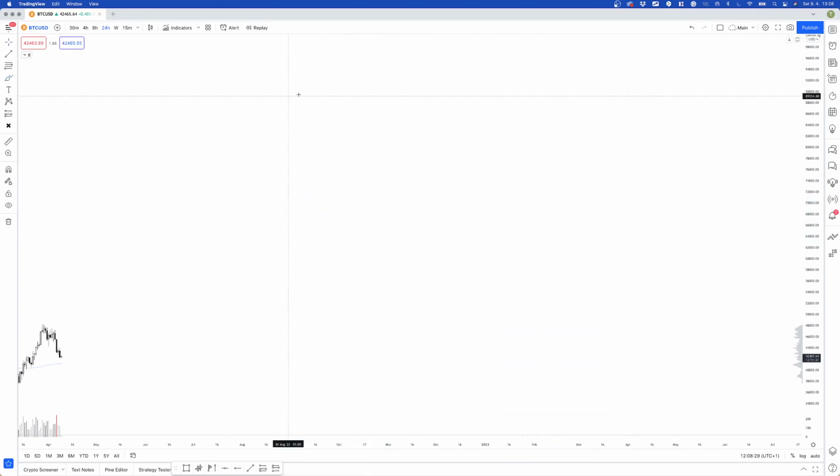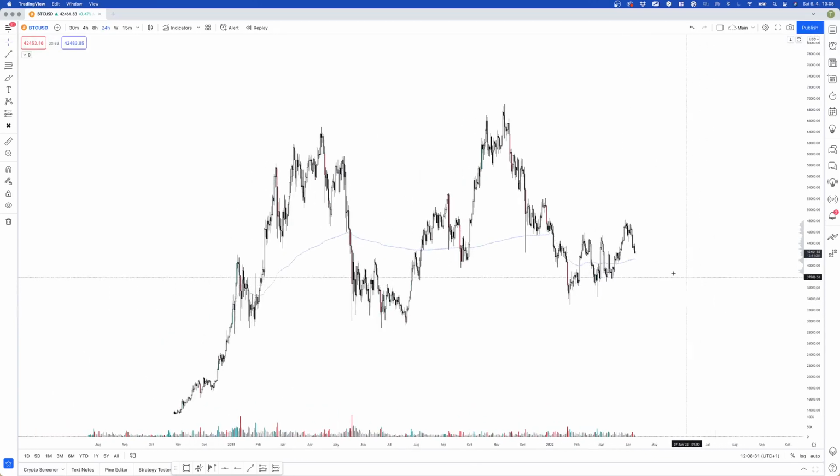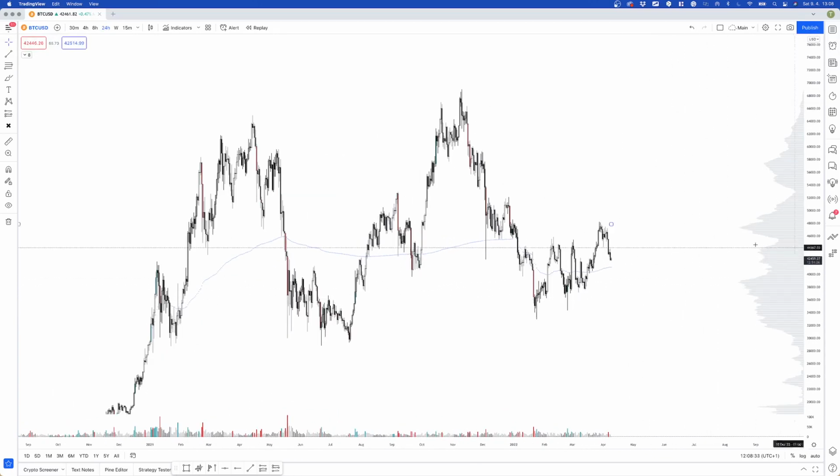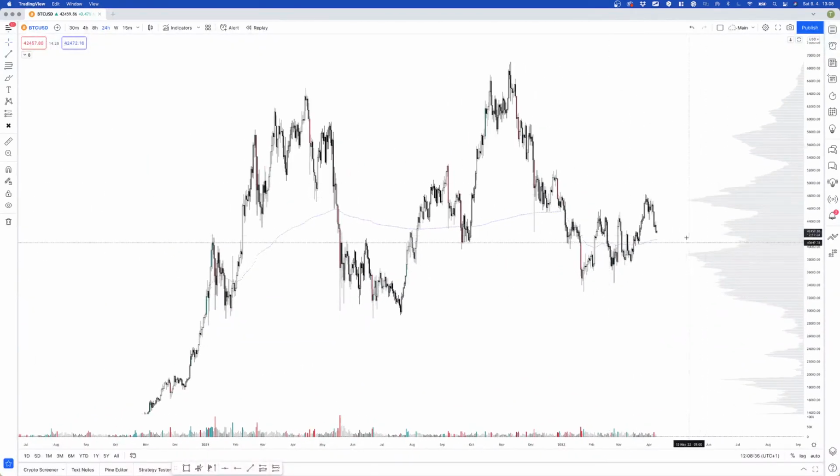So this gives you a little bit more context compared to just simple price action trading. And you can also see it in this low volume node, where the volume is really missing, you can see how fast the market moved through this area.